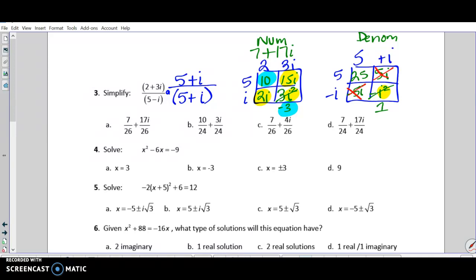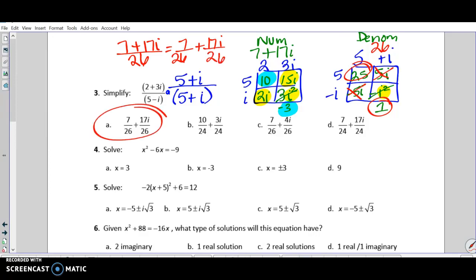Negative 5i plus 5i is 0 i's. And then you just got the 25 plus 1, which will be 26. So I'm going to set my numerator over my denominator. Split it up in case I need to simplify. So this would have to give me a.